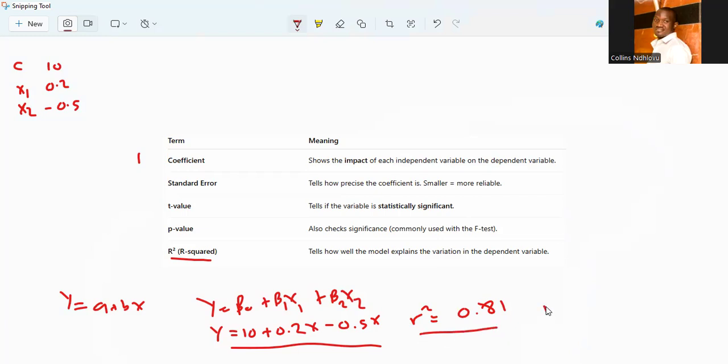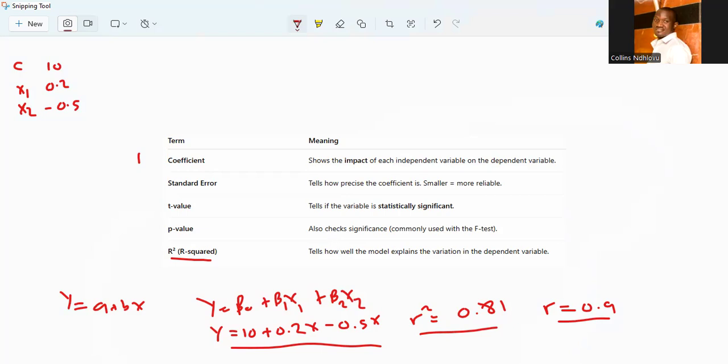Then if your error is simply 0.9, the sign shows you whether the relationship is positive or negative. It will tell you that the relationship between X and Y is a positive relationship. And we're going to look at the p-value. The p-values are there to help you check the significance of your tests.